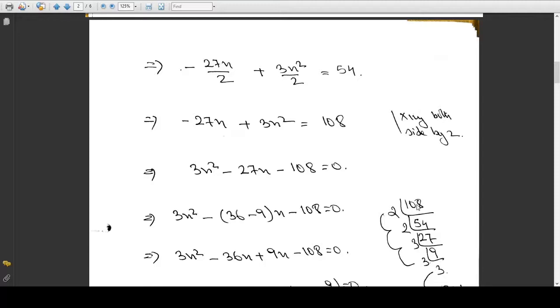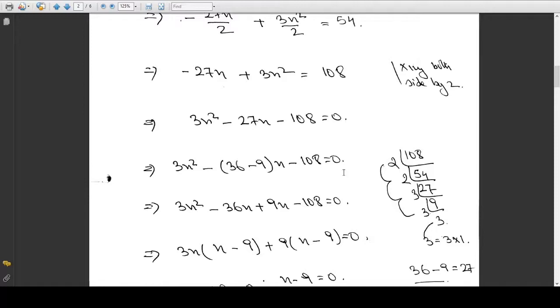Now the factors of 108 are 2, 2, 3, 3 and 3, and again multiplied by 3. You have to group them into two groups such that the difference should be 27.